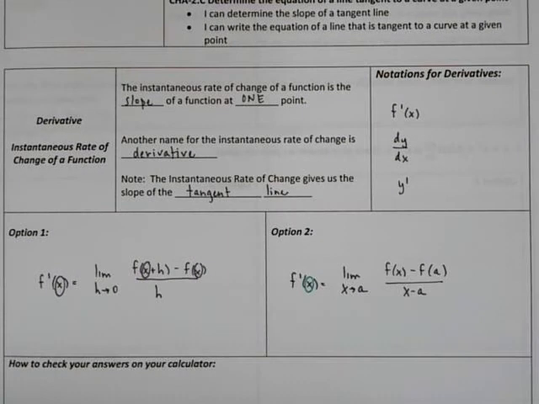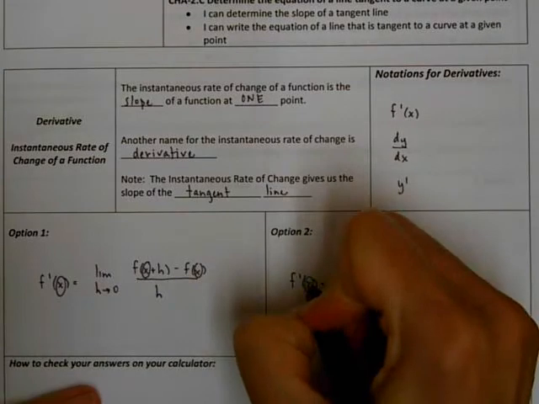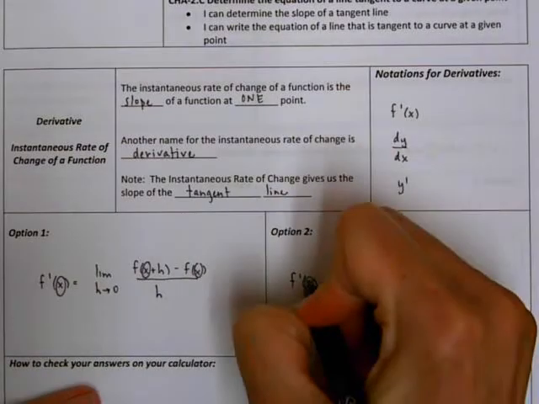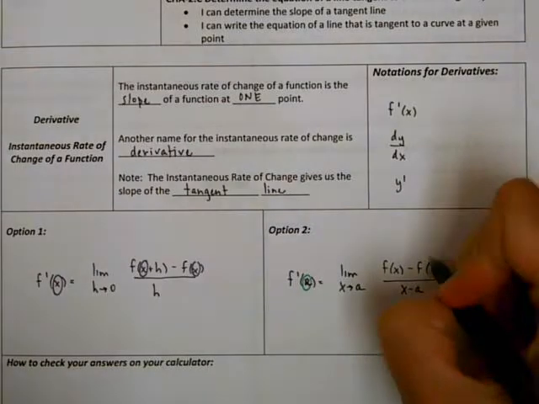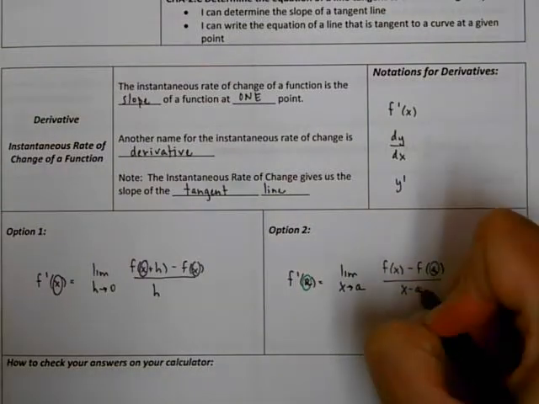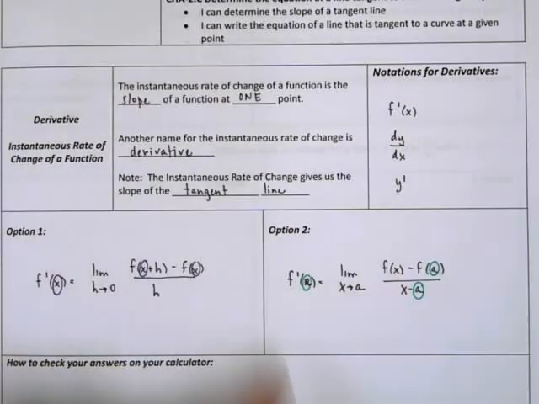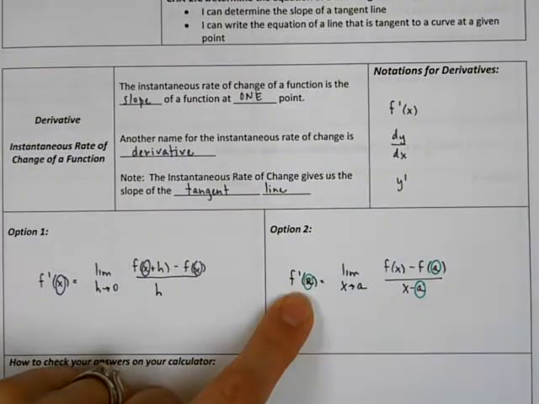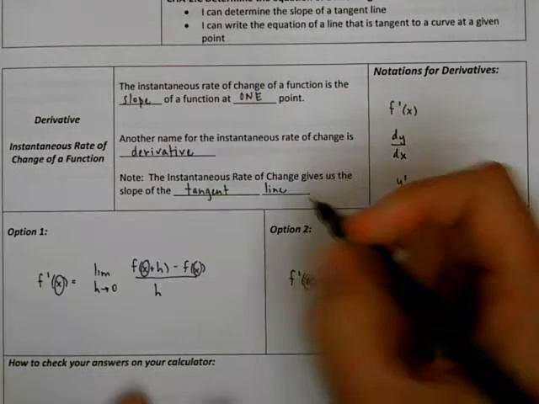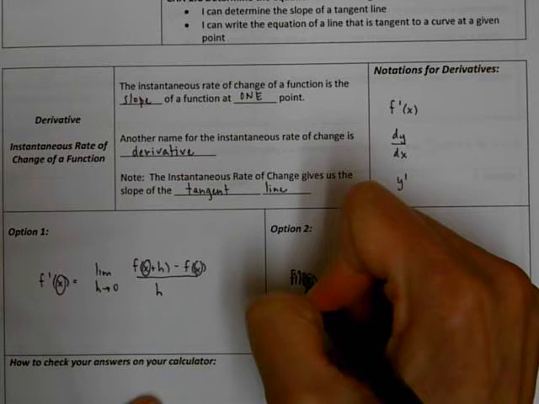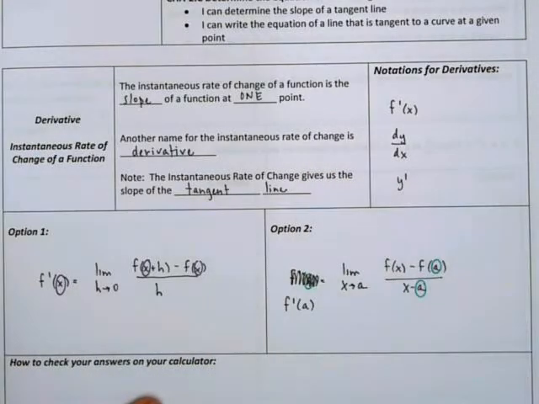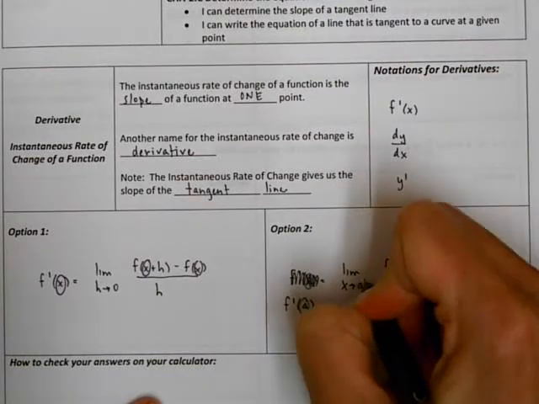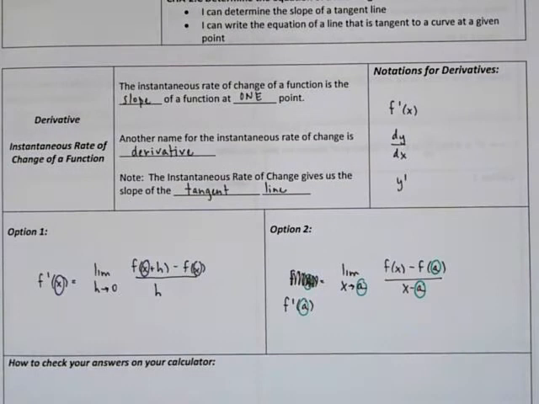Actually, this probably should have said f prime of a, really. So we would be taking that value and substituting it everywhere we had a. So this should really be f prime of a, where a would be just a constant where we're trying to find that derivative. So let me just rewrite this so we've got it clean here. F prime of a, and that would be this value we would be using here. Sorry about that.